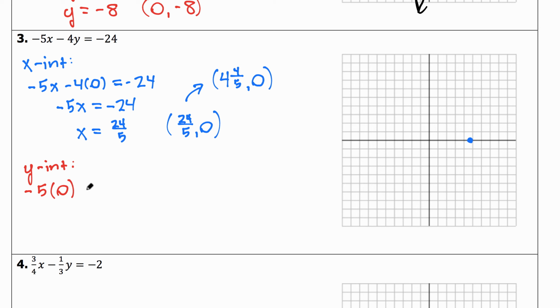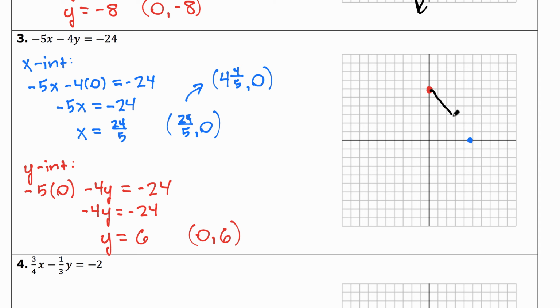We'll have negative 5 times 0 minus 4y equals negative 24. So we get negative 4y equals negative 24. Divide by negative 4, and we get y equals 6. So there's our y-intercept, and we'll graph our line.